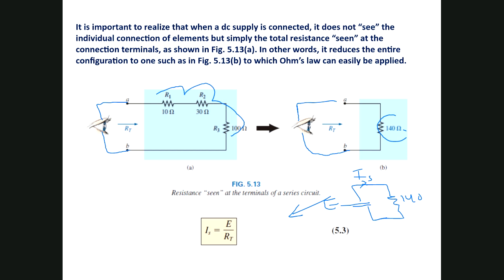The point here, always remember that when you want to simplify the circuit, you can only look at the source side, then go inside the circuit, and you can start reducing the load.